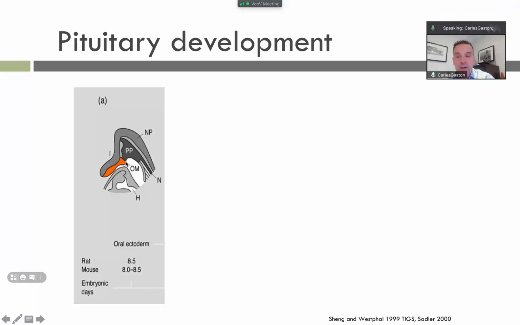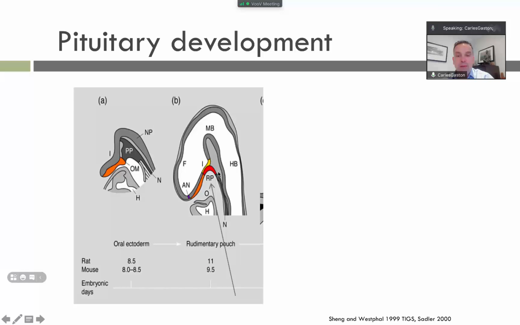You can see here in red the oral ectoderm, and in gray will be the brain. So the oral ectoderm starts thickening and will form the Rathke's pouch here in red. The interaction between the Rathke's pouch and the above infundibulum will form the embryonic hypothalamic pituitary axis.